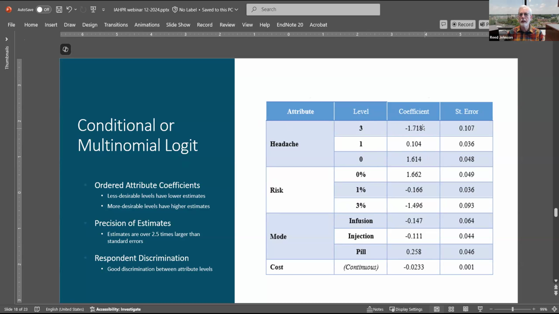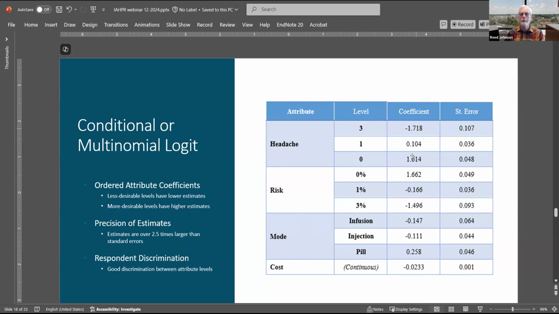You don't have all of the attributes sharing a common zero, so it makes it easier in secondary analysis when you have an actual attribute level estimate for all the attributes. We're estimating cost as continuous. It is inherently continuous, and we assume that the marginal value is going to be constant.